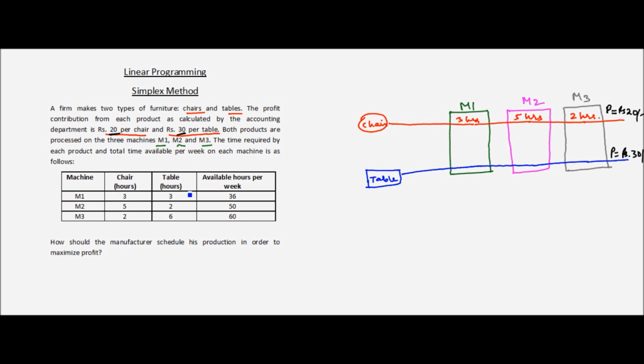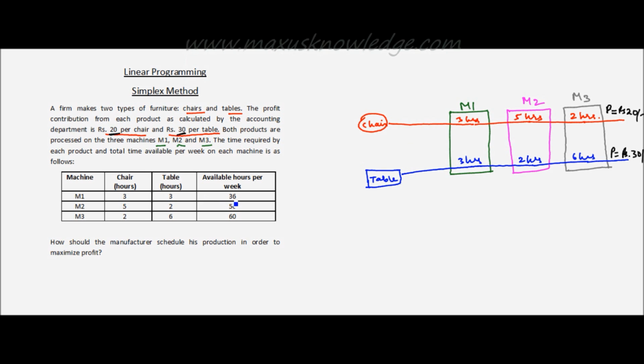Similarly, for processing a table, we need 3 hours on machine M1, 2 hours on machine M2, and 6 hours on machine M3.